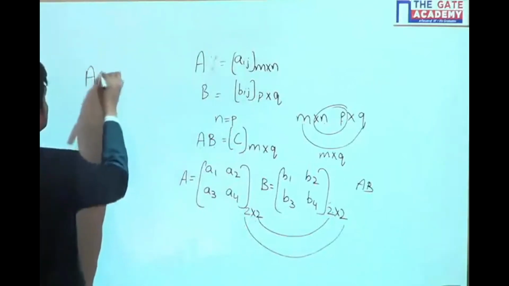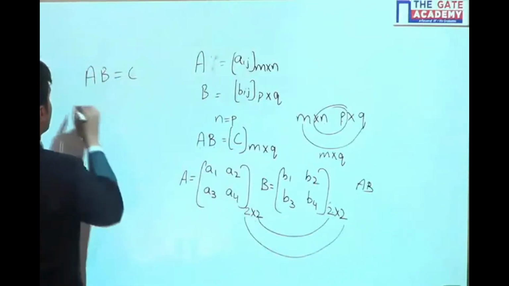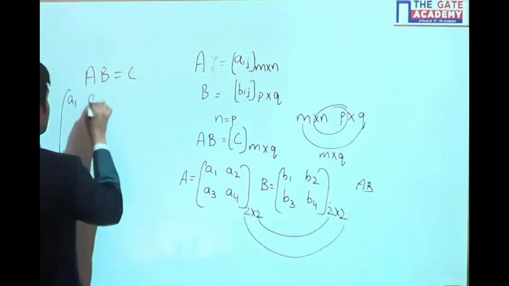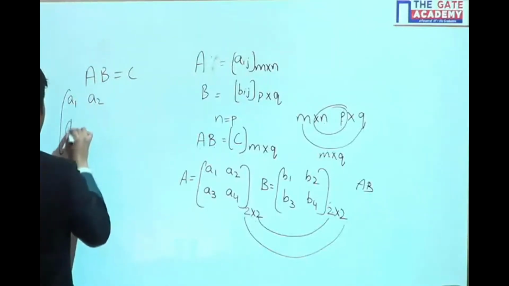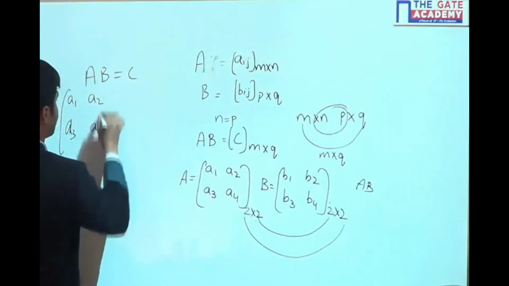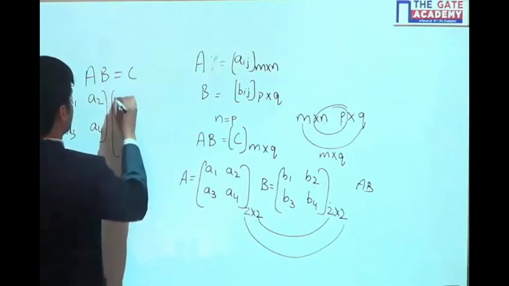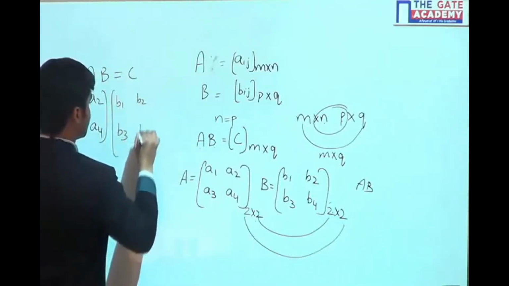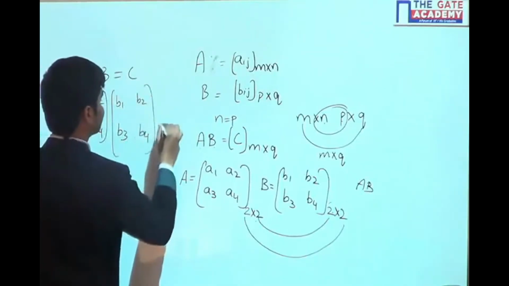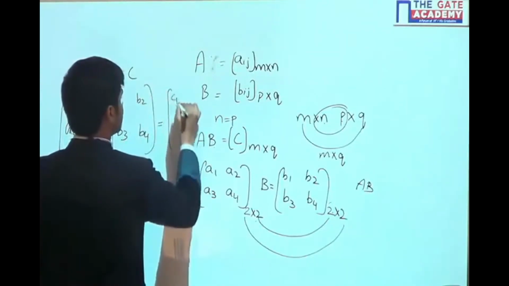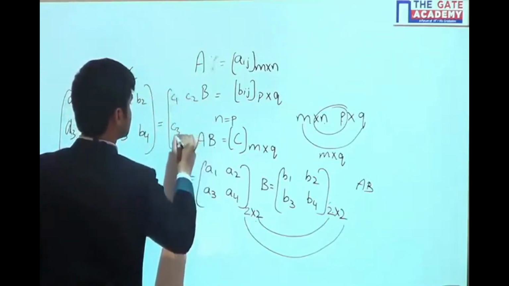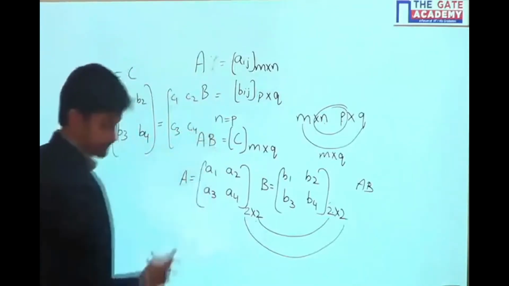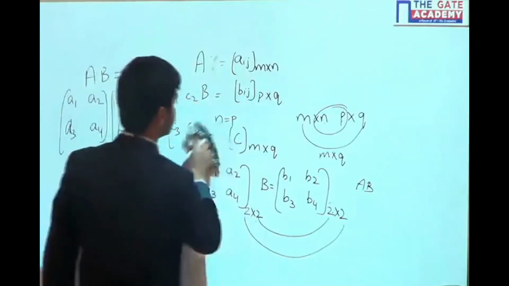So if AB is equal to C, where A is A1, A2, A3, A4, and the matrix B is B1, B2, B3, B4, it will result in another matrix C1, C2, C3, C4.